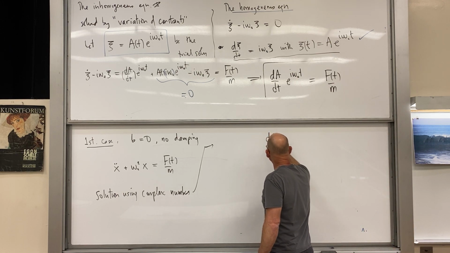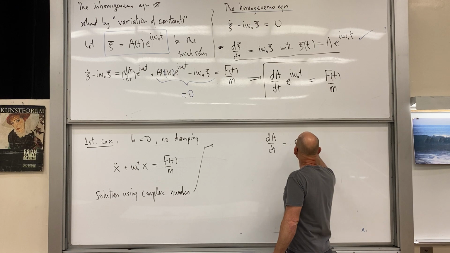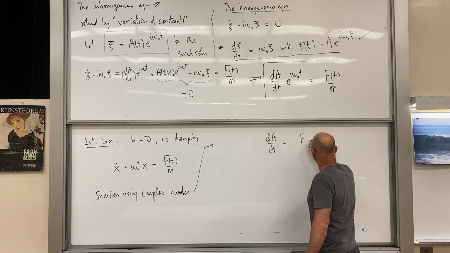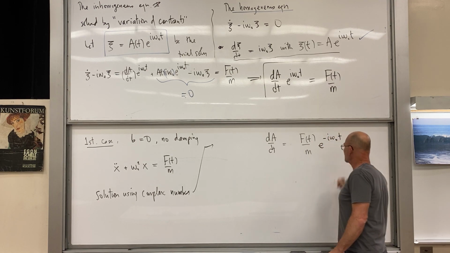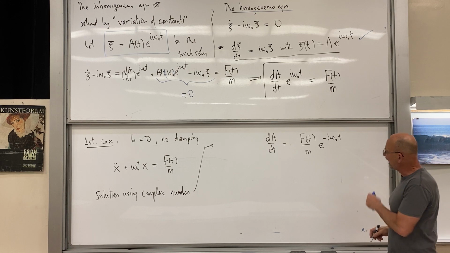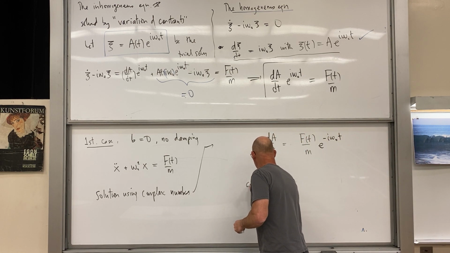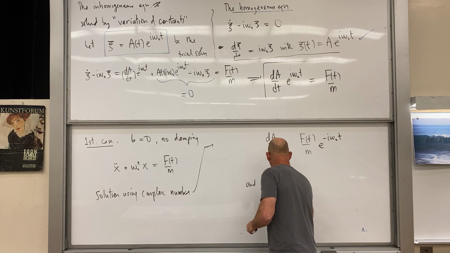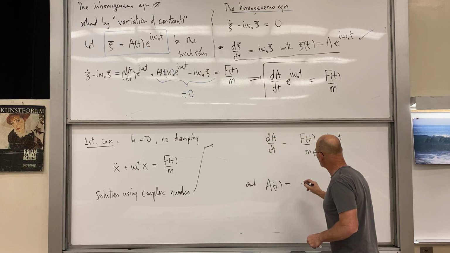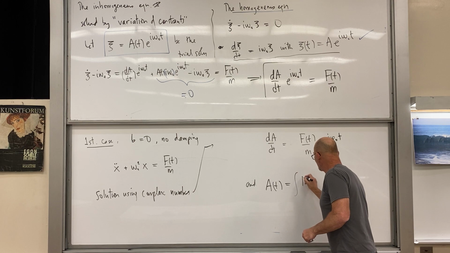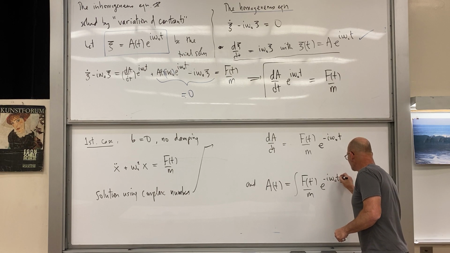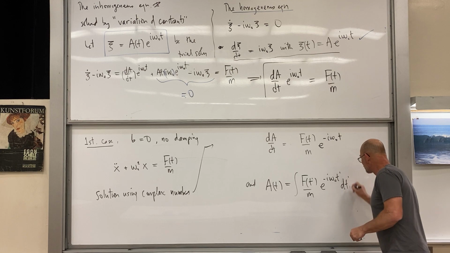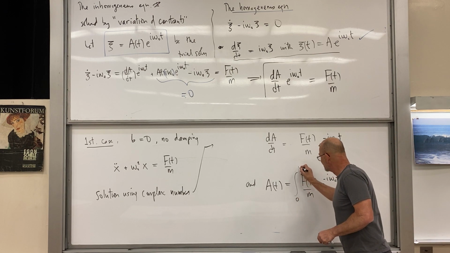So continuing here, dA/dt is equal to f of t over m, e to the minus i omega naught t, and then we'll integrate and find A. And A of t is going to be equal to the integral of f of t prime, e to the minus i omega naught t prime dt prime, from 0 to t.